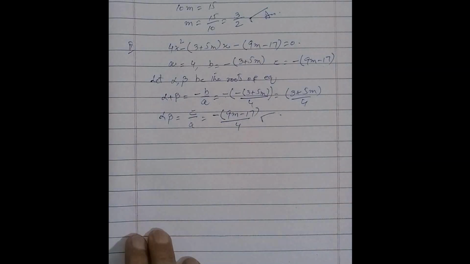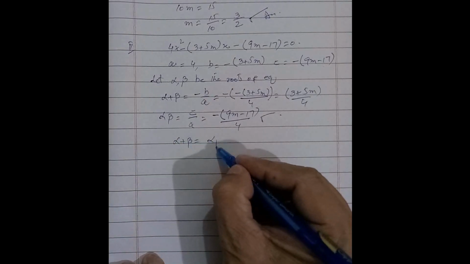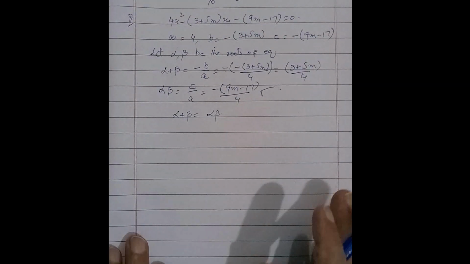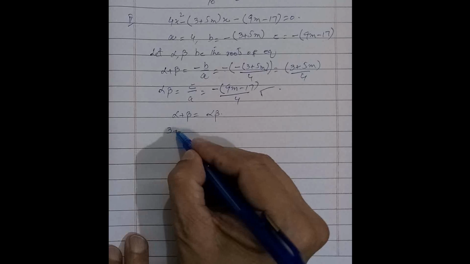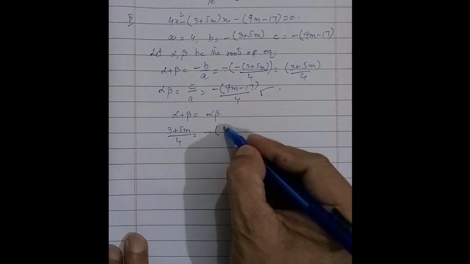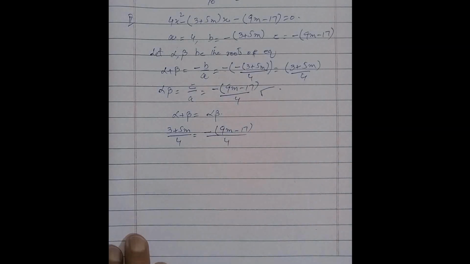It is the product of the roots alpha beta, and we have to find the value of m. The condition is that the sum and product of the roots are equal. So alpha plus beta is equal to the product alpha beta. Putting in the values, we have 3 plus 5m over 4 is equal to minus 9m minus 17 over 4.